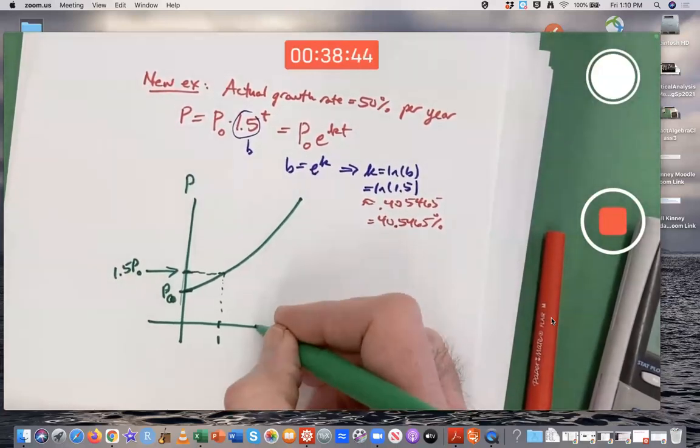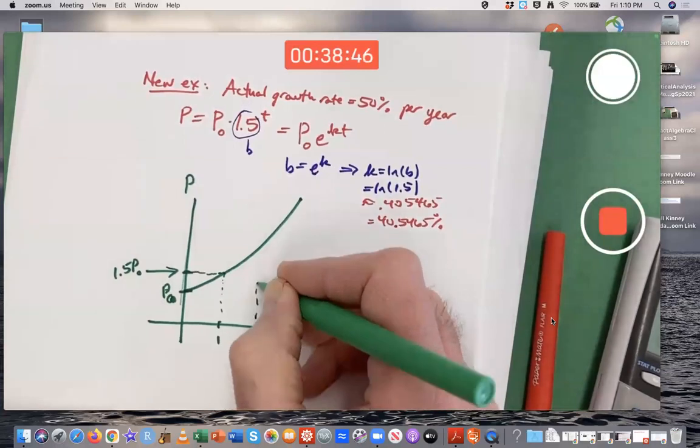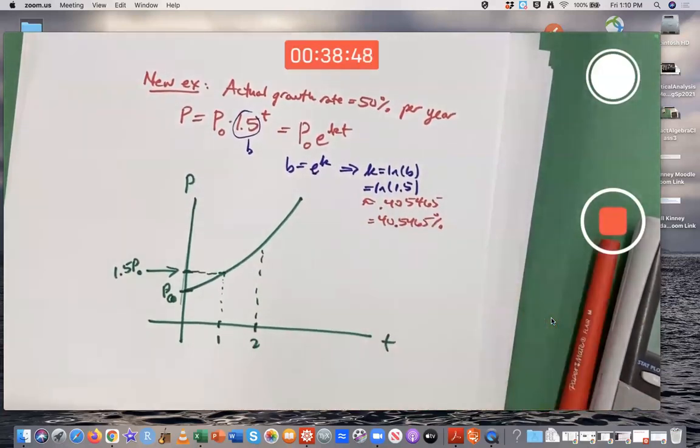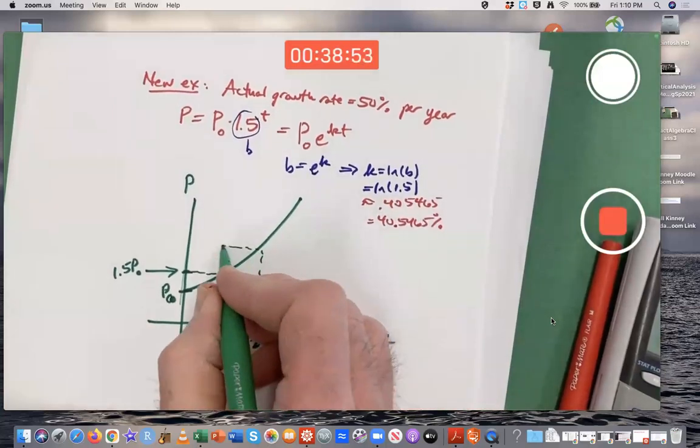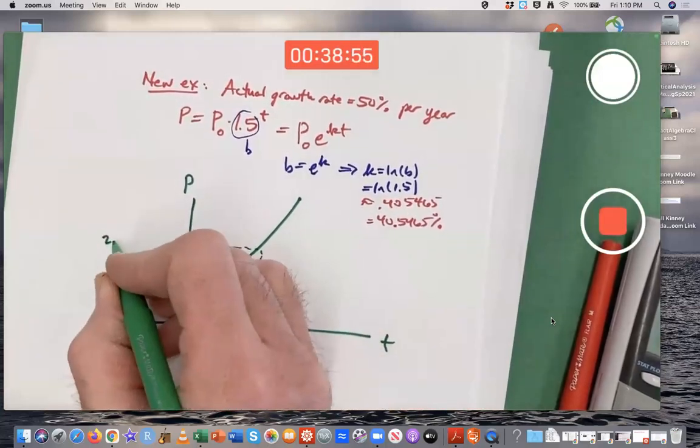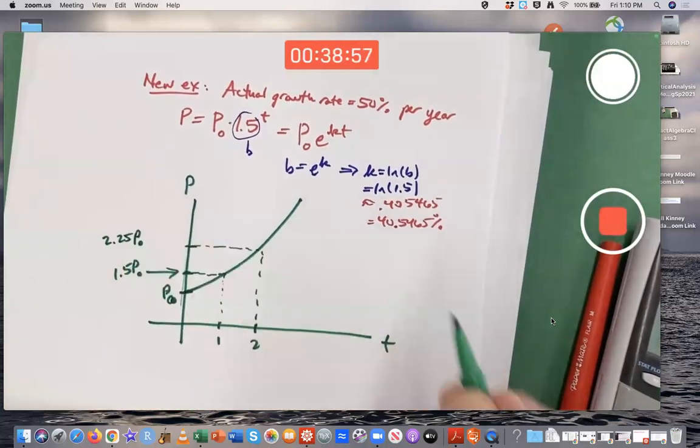At t equals 2, we saw from the calculator that the population would be 2.25 times the initial population.